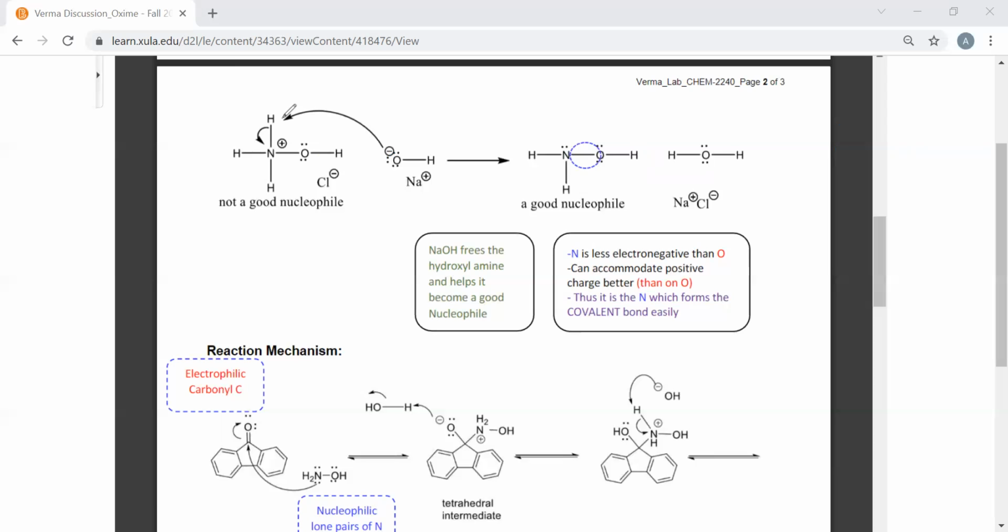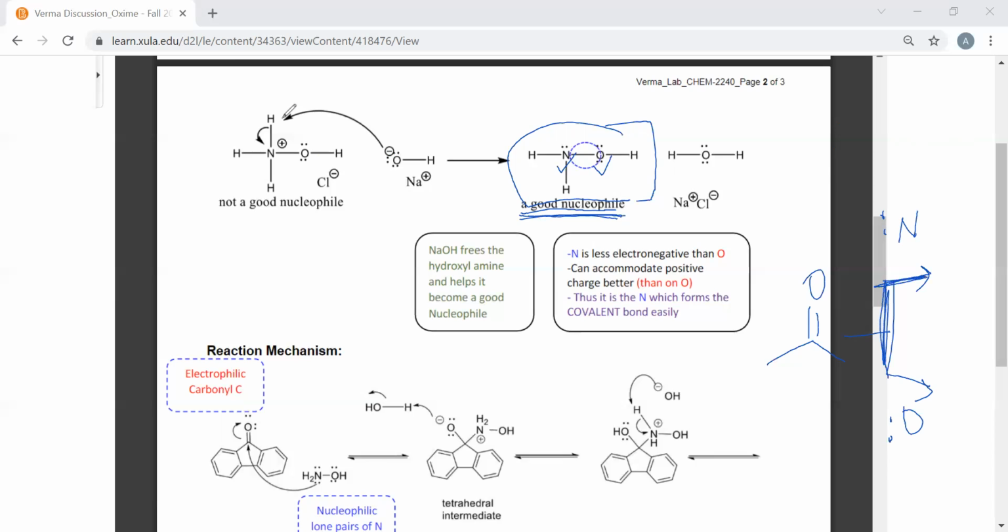The second thing that you should know is where is your nucleophilic part. This is the reactive species, and you have two reactive sites, a nitrogen with a lone pair and an oxygen with a lone pair. Both of these can react with your ketone. So it can either get attacked from the nitrogen side or it can be attacked from the oxygen side.